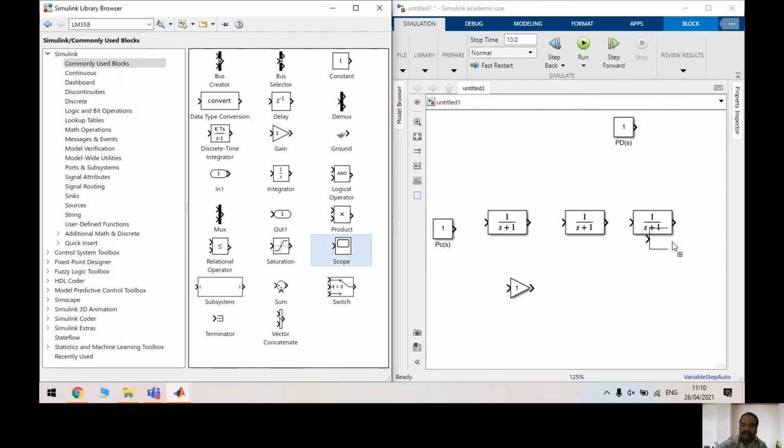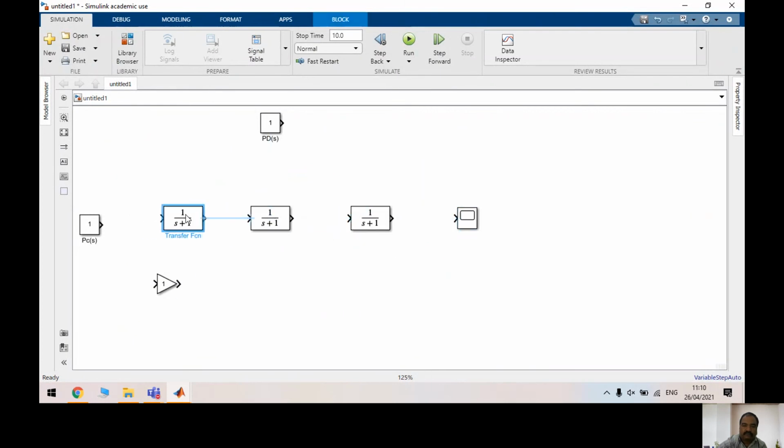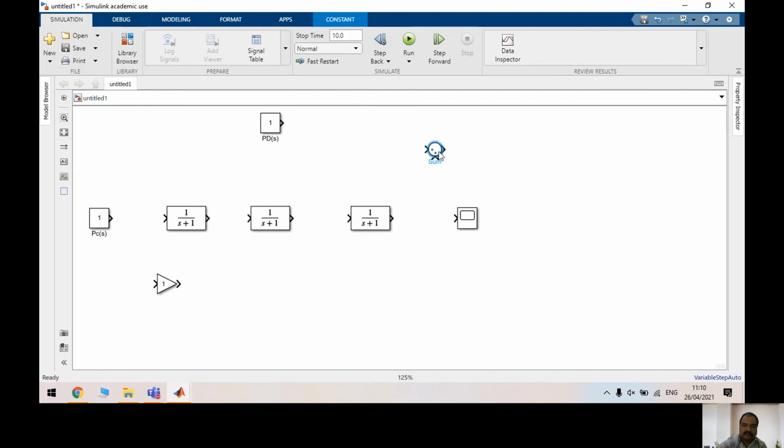Apart from this, to see the final output, I need my scope. These are the things which I need to have. And apart from this, I do need two summers, isn't it? This is one summer. I can copy the same.